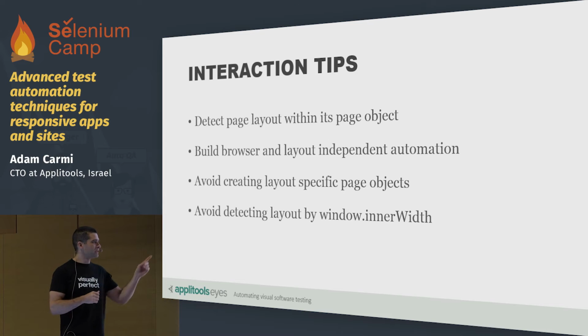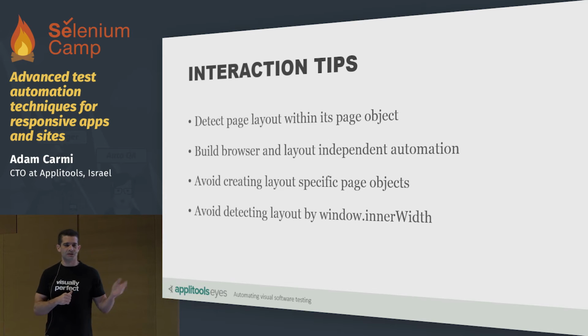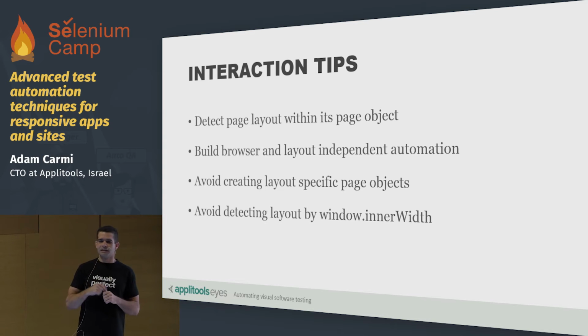So for instance, if I would rely on the value of this property to figure out how to click the navigation item, then if a developer would decide to change the layout transition boundary by 1 pixel, my test will break unnecessarily. I will just have a breakage inside the page object.